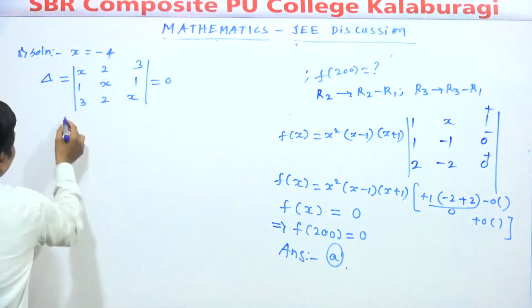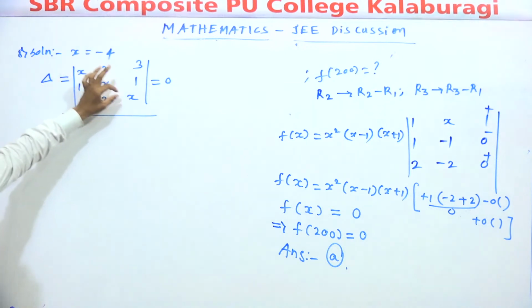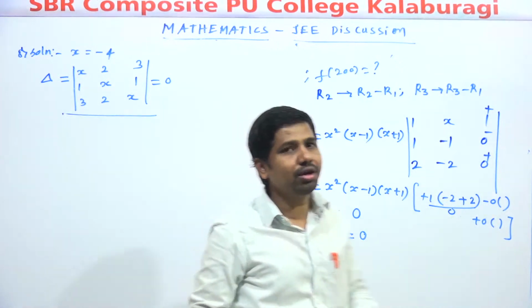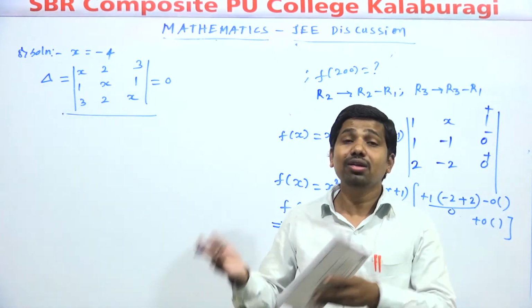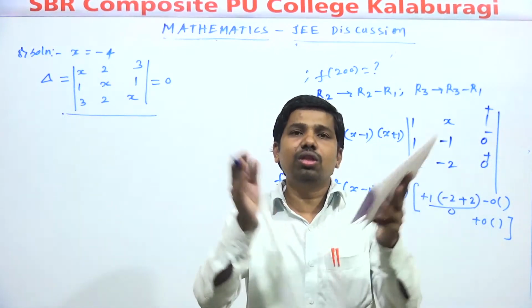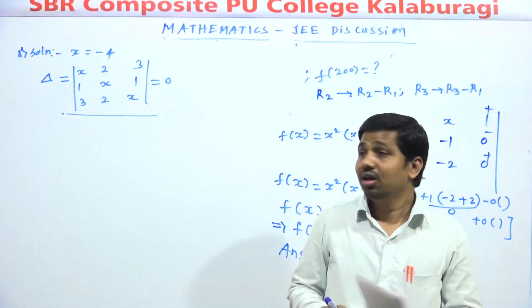So if I take this determinant, we can say, R1 changes to R1 plus R2 plus R3, giving x plus 4, x plus 4, x plus 4. So what is the first property you are applying for the determinant? R1 changes to R1 plus R2 plus R3, or C1 changes to C1 plus C2 plus C3. If I add all 3 rows or 3 columns and get any common term, I take it outside.